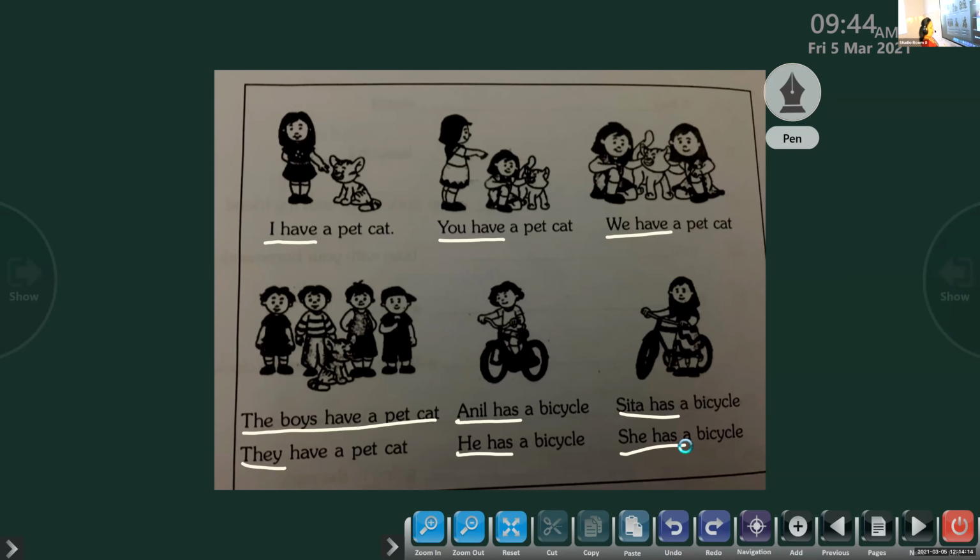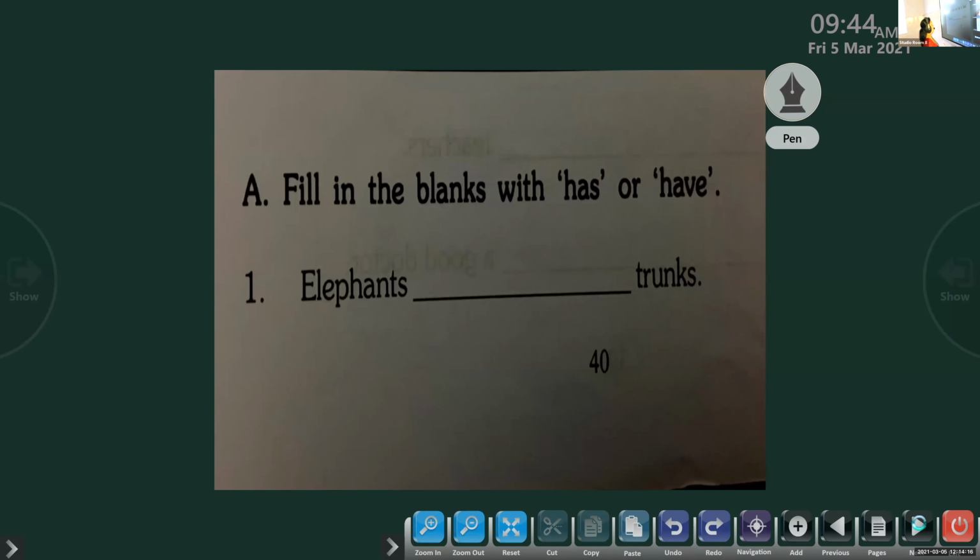Okay, let's go ahead and try to solve some examples. Okay, Madhav, unmute. Try the first one. Fast, please. Come on, be fast, my dear. Elephants dash trunks.